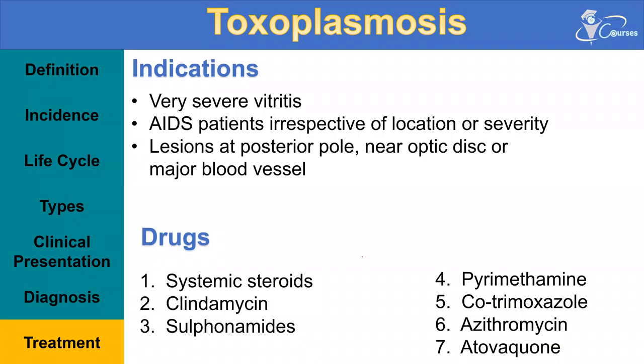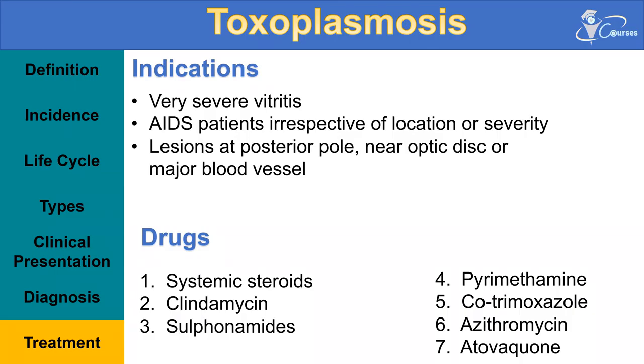But we only do treatment for specific indications, like if the patient has very severe vitritis, or if the patient has HIV, regardless of the location or severity of the condition. And finally, if the patient has a posterior pole affection or a lesion near the optic disc or the major blood vessels, this will be an indication to treat to prevent a scar that will cause permanent visual loss.